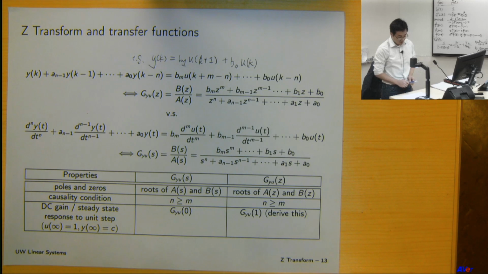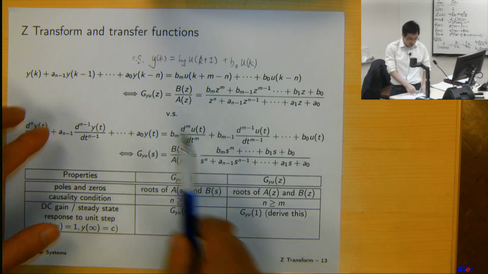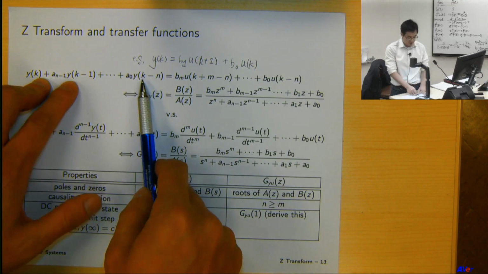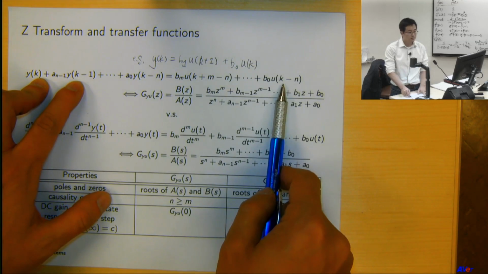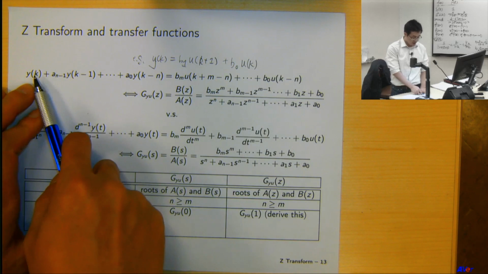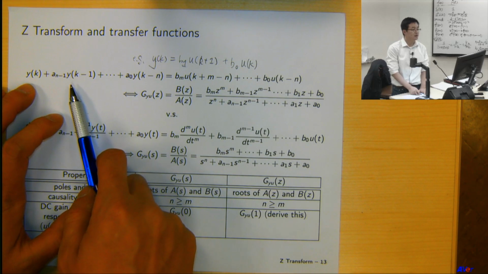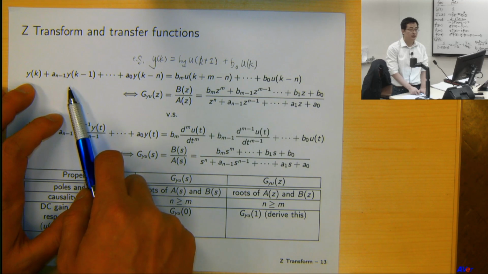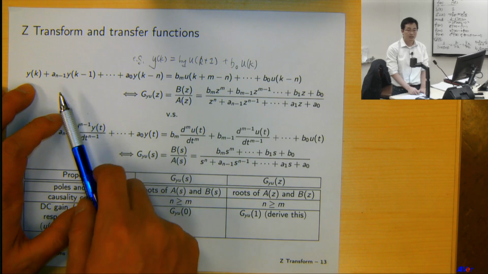Now, what is the case for the discrete time system? If y at the end is a constant and u at the end is a constant, what will happen to these elements? yk and yk minus 1 are going to be the same if time is large enough and they are constant.